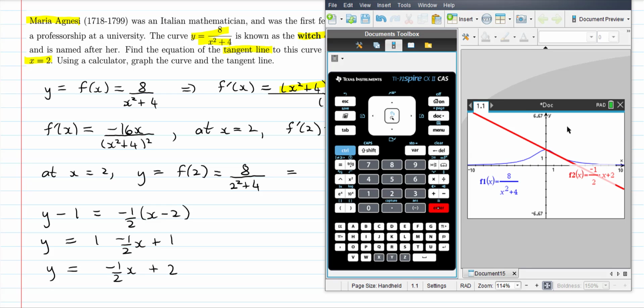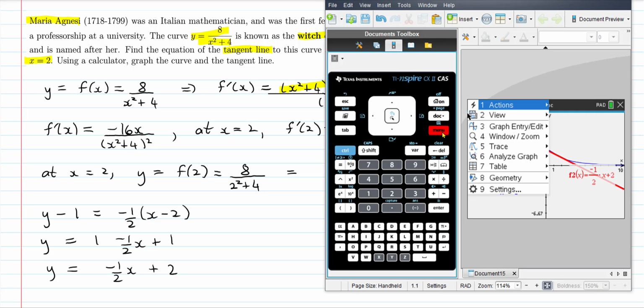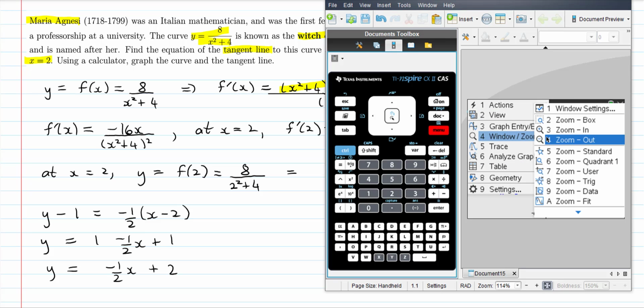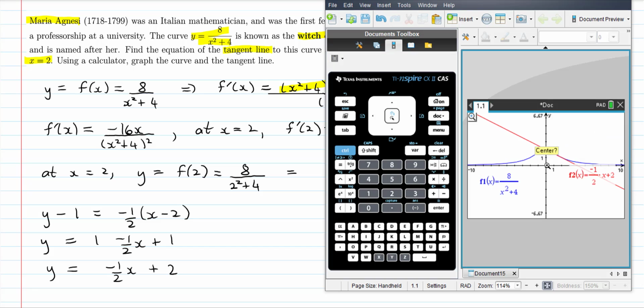There's our curve and the tangent line graph. We can zoom in a little bit to get a clearer view, and there we can clearly see the curve and the tangent line at x equals 2.